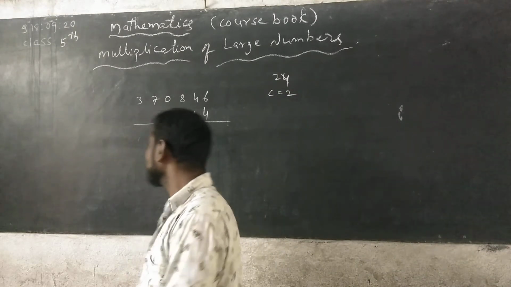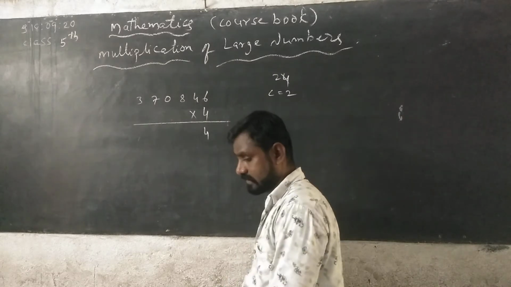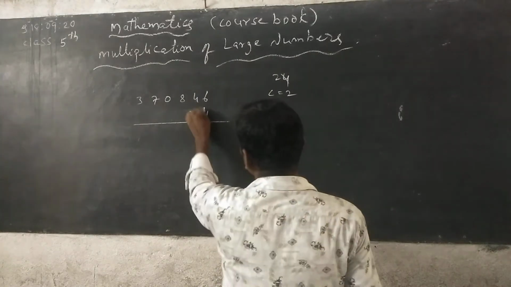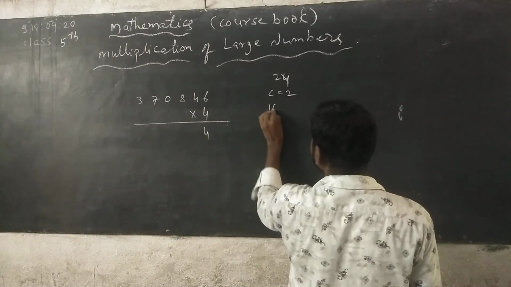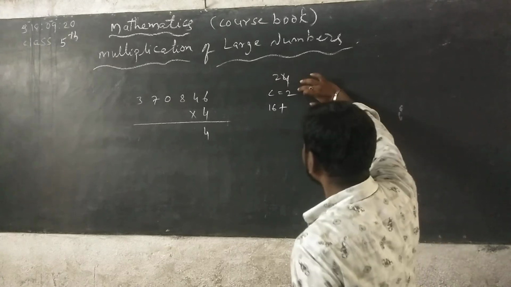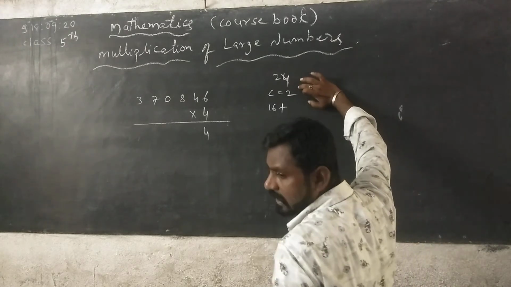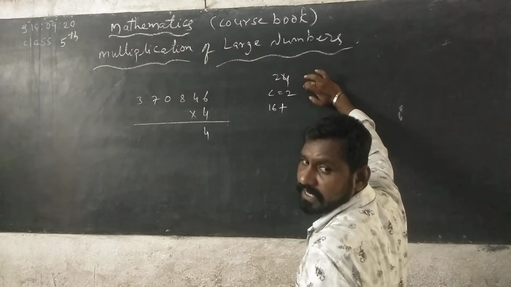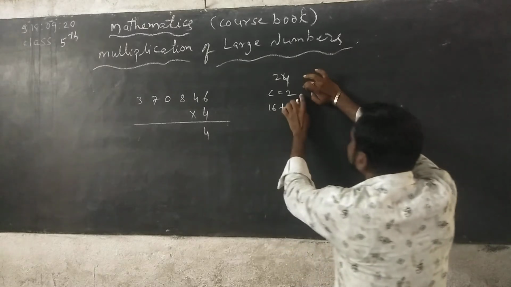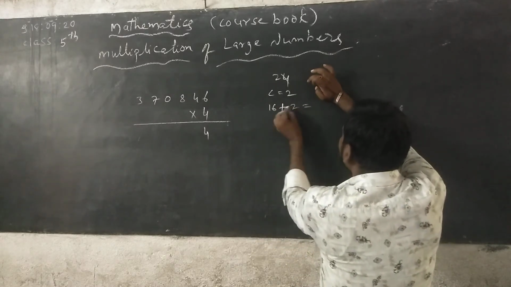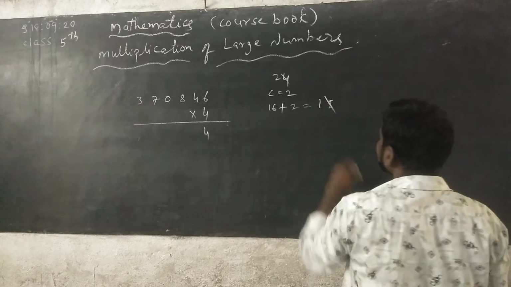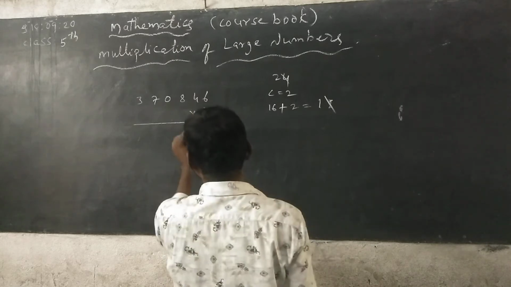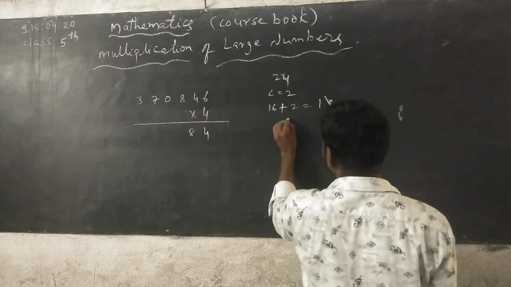Next, multiply the digit in tens place with 4. 4 fours are 16. The remaining 2 is the carry over. 2 is added to 16, we get 18. 8 under the tens column, 1 is carried.